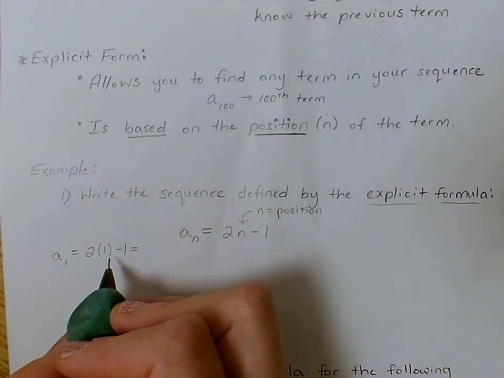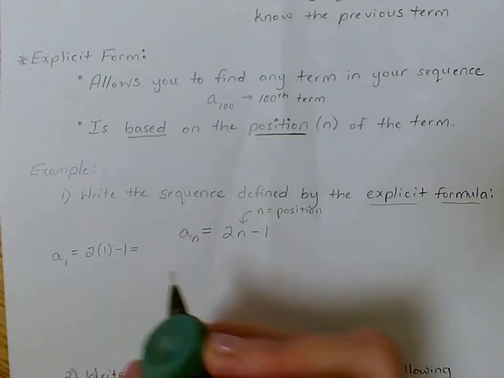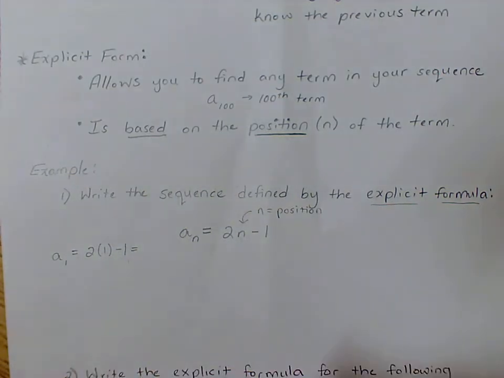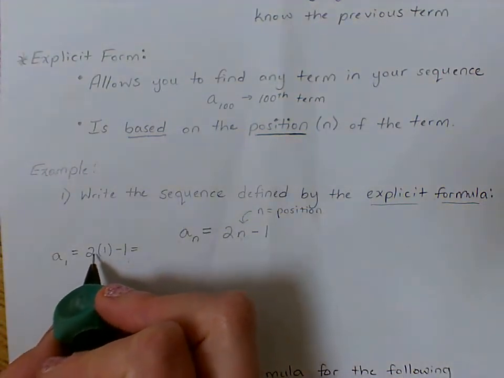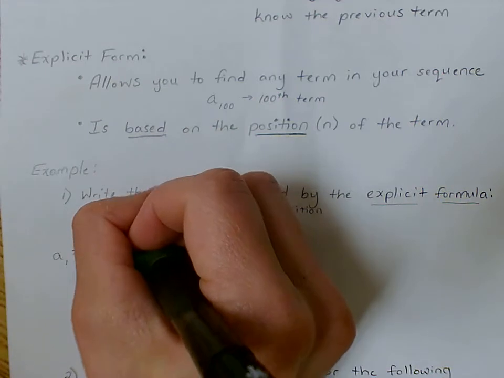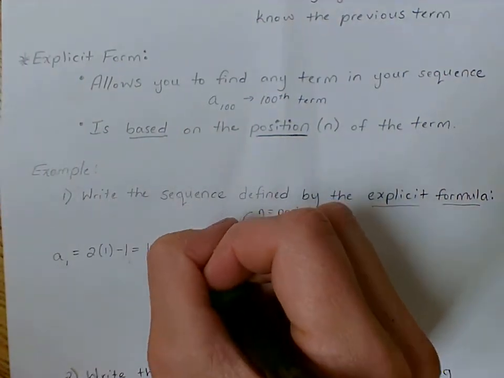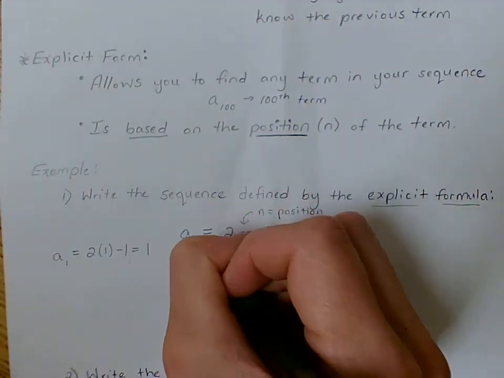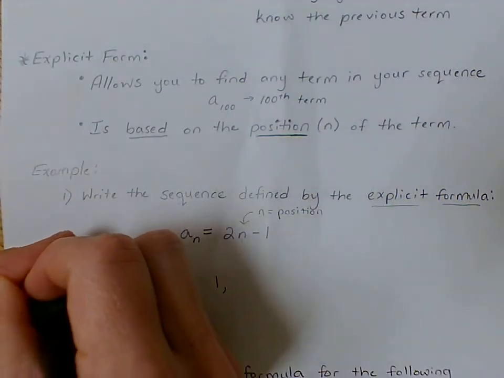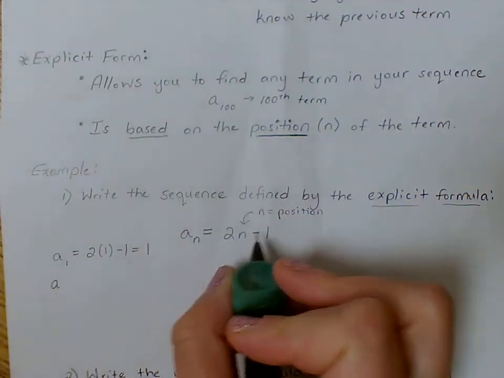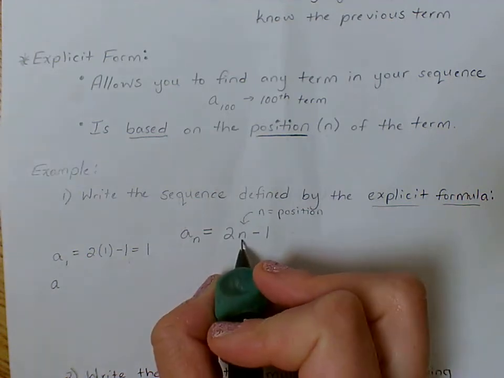So notice it's not based on the previous term anymore. It's based on just whatever the position is, okay? And so when I simplify this, it'd be 2 times 1, which is 2, and then 2 minus 1 ends up being 1. So the first term in this sequence would be 1. So to find the second term, I'm going to do the same thing, but this time I'm looking for the term that's in position number 2 in my sequence.